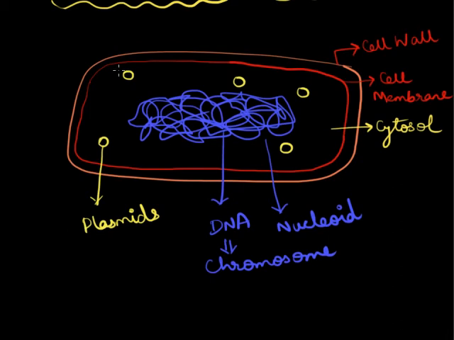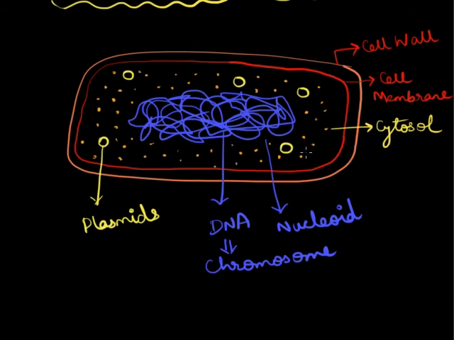Now another part of the cell is the ribosome. This ribosome, which we represent using small dots, is the machinery which helps in the production of the proteins. So DNA codes for the proteins, and the ribosome is the machinery which converts all the complex text that is in the form of DNA into proteins.